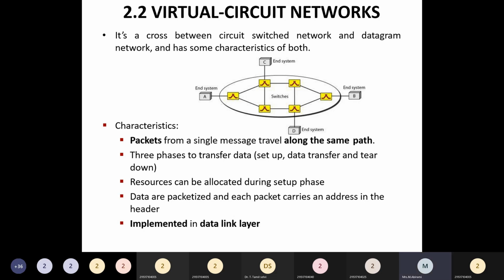Virtual circuit networks are a cross between a circuit switched network and a datagram network, and they have some characteristics of both. So both networks are combined in the virtual circuit network, that is, in a connection oriented way.